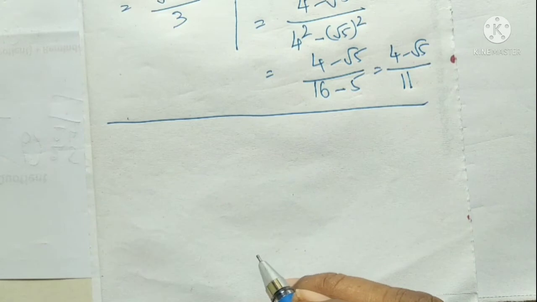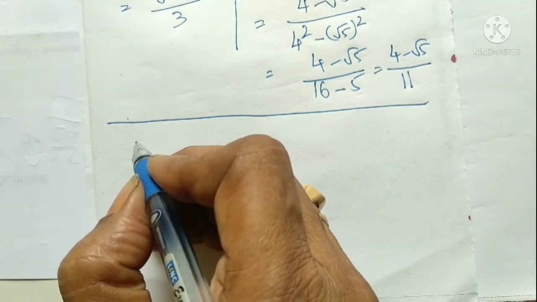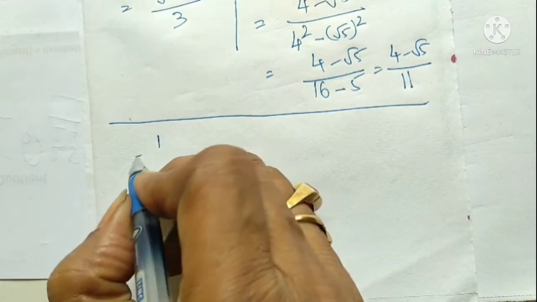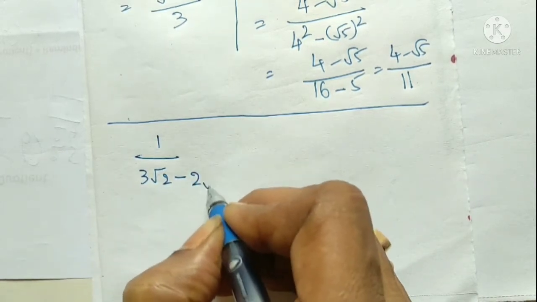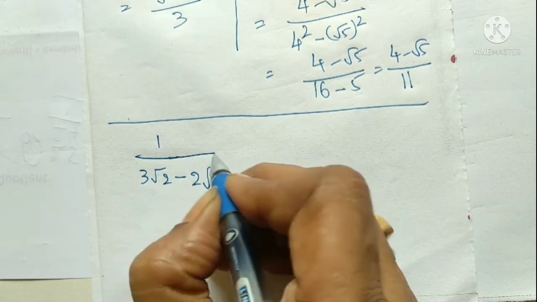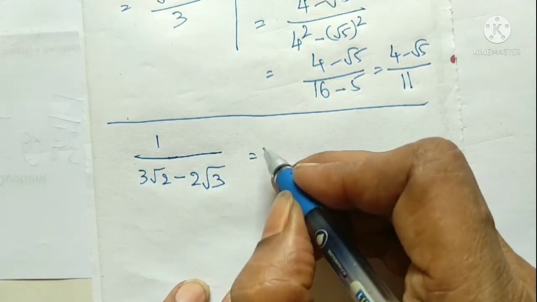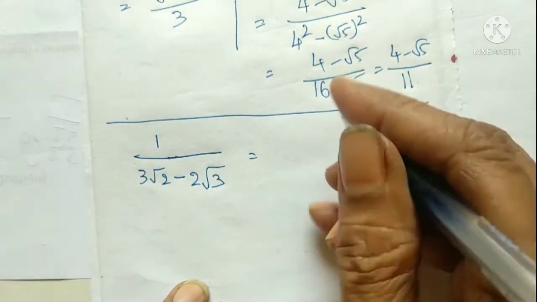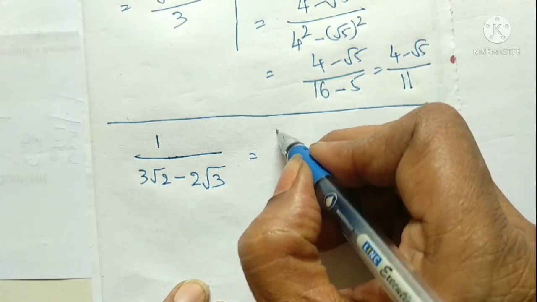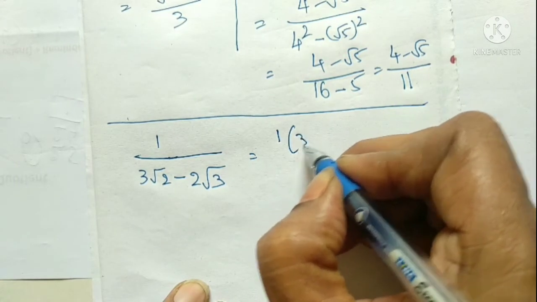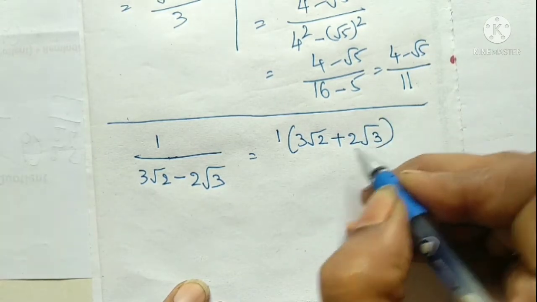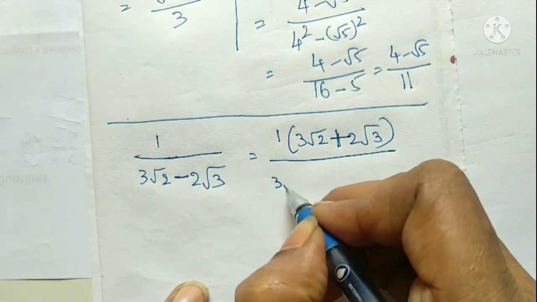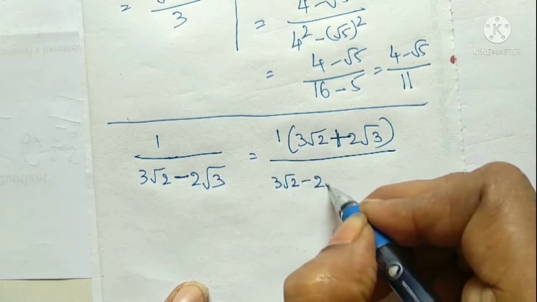Now let us take another example, rationalizing the denominator 1 by 3 root 2 minus 2 root 3. Multiplying the numerator and the denominator by 3 root 2 plus 2 root 3.